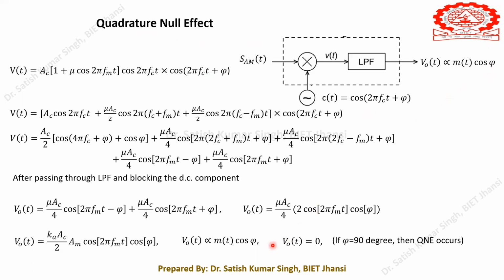Even if phi equals, let us say, 30 degrees or 45 degrees, cos phi is going to be less than unity, and a little attenuation of the message signal will take place, but it is still possible to recover the message signal by using amplifiers of certain gains. The only problem is when phi equals 90 degrees, the message is completely lost, and we call it the quadrature null effect.